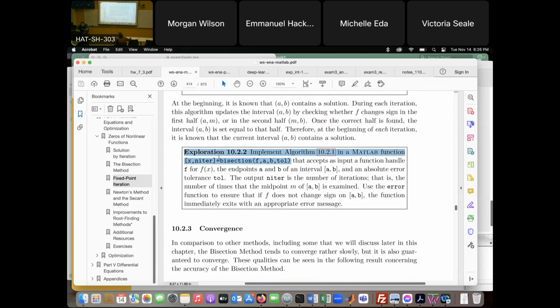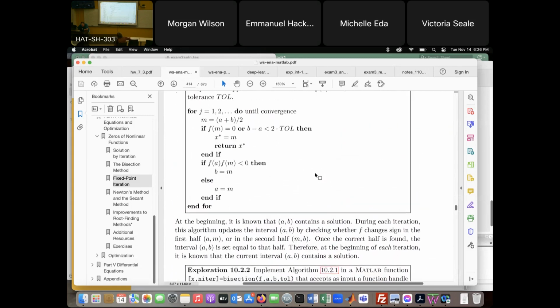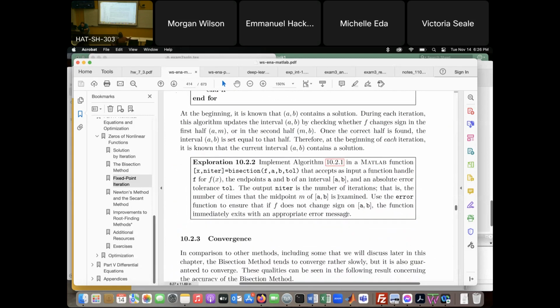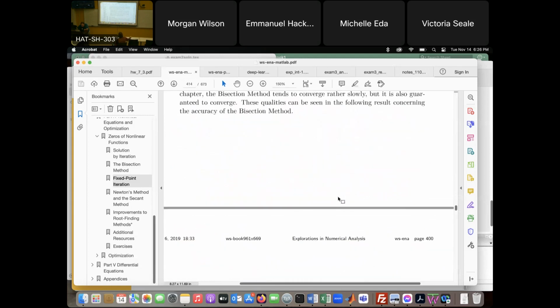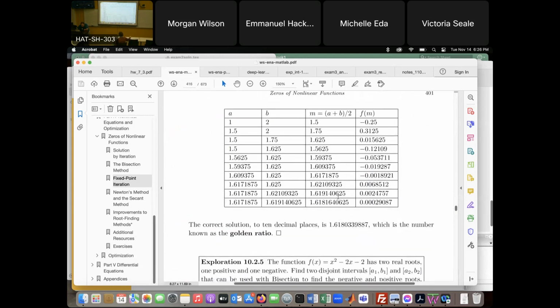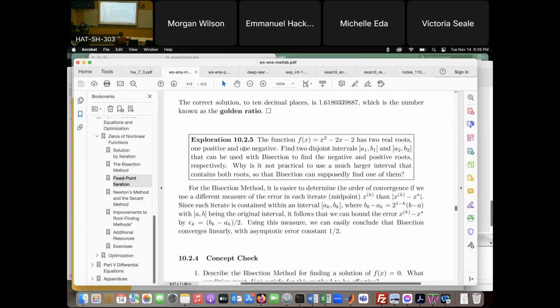Okay, there's one MATLAB problem to implement the bisection algorithm that's given up here. And then the other problem I assigned, oh, this one. Here we have a polynomial that has 2 real roots. Now, bisection is only going to find 1 root.